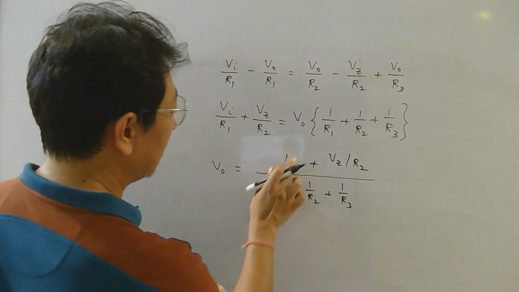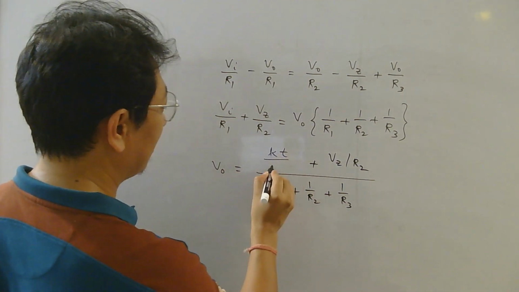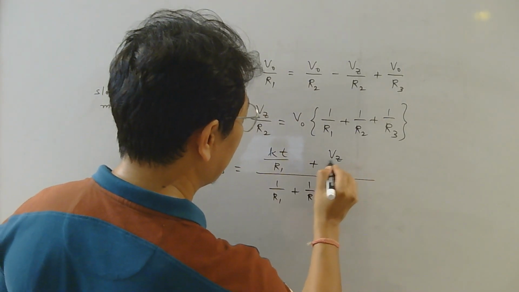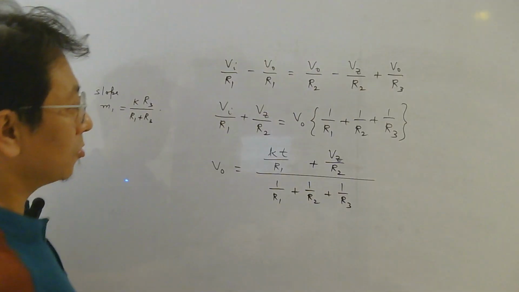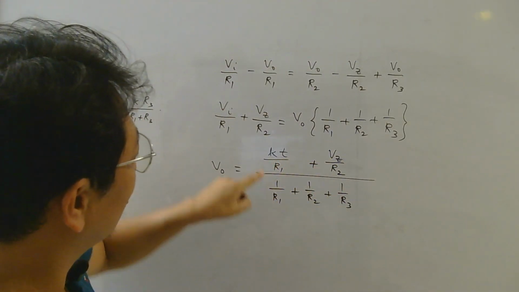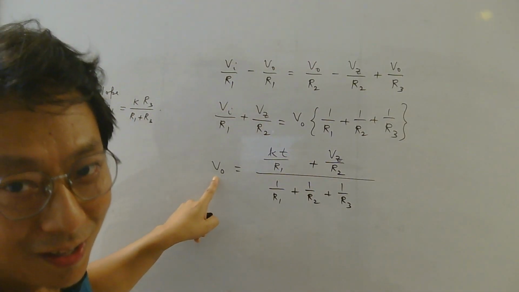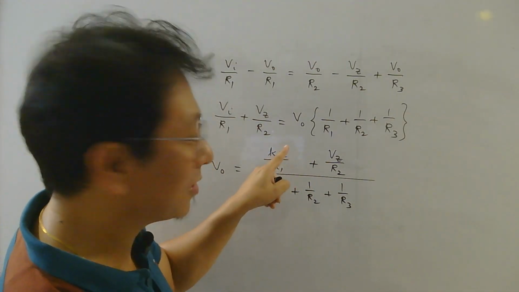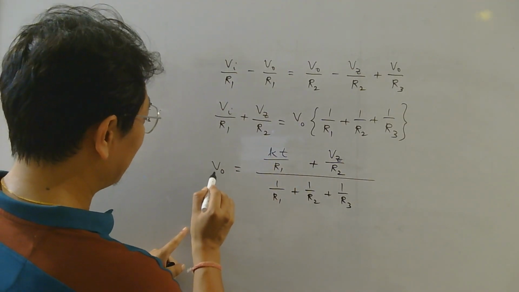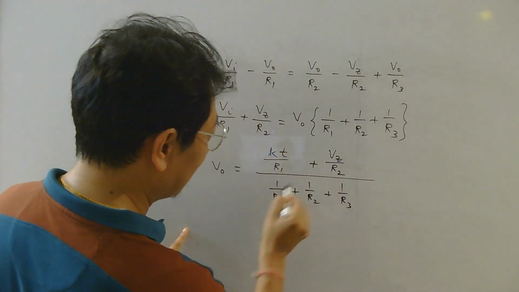And you know that Vi is a linear function of time, so it is Kt by R1. Let me write this one in this way, Vz by R2. Since this is constant, and R1 is also constant, K is constant, so the output voltage also is a linear function of time. What will be the slope of this equation? So this is like y equals mx plus c.